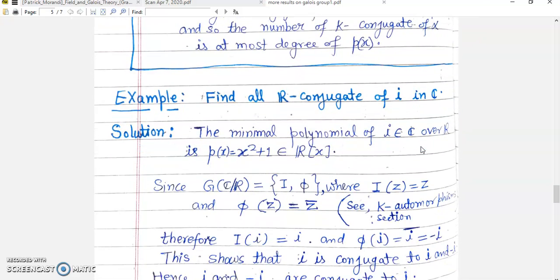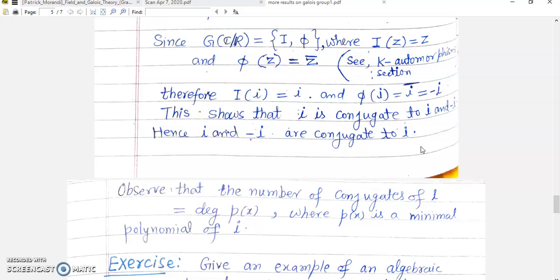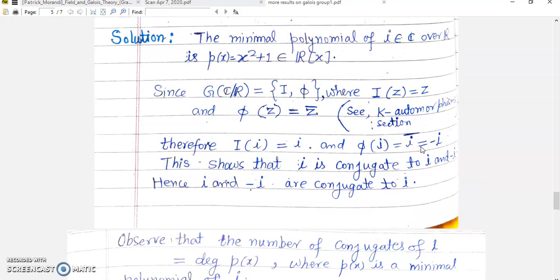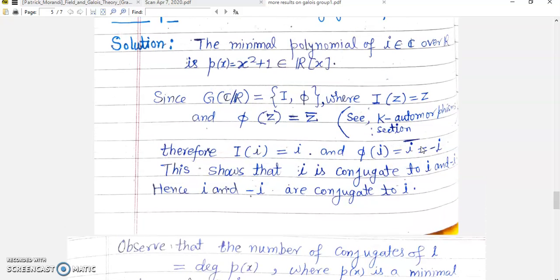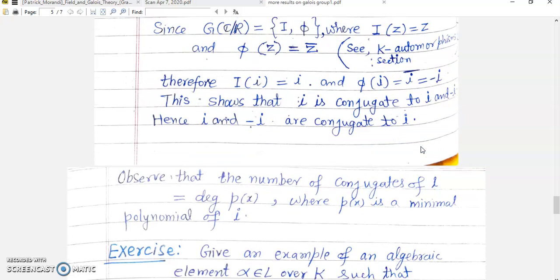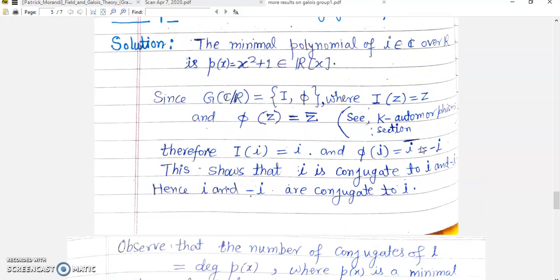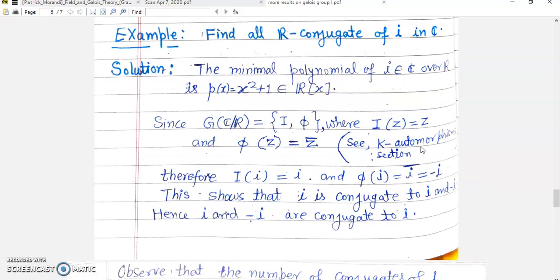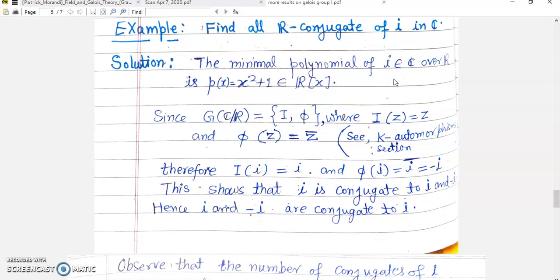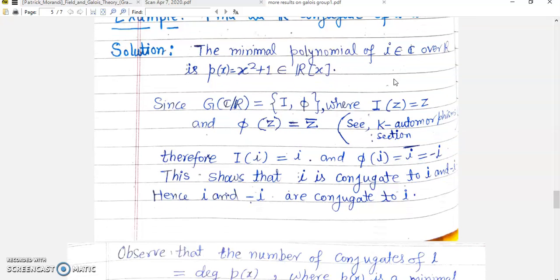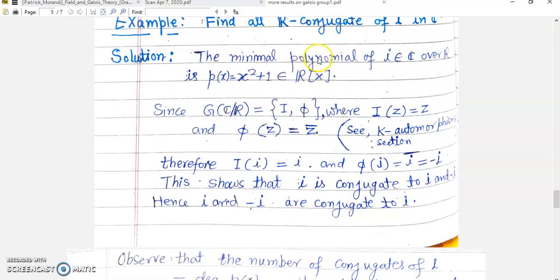Here are some examples. I hope that you will solve it and observe that in this example i has two conjugates, one is i and the other is minus i, and also the degree of the minimal polynomial p(x) is x square plus 1, whose degree is 2.